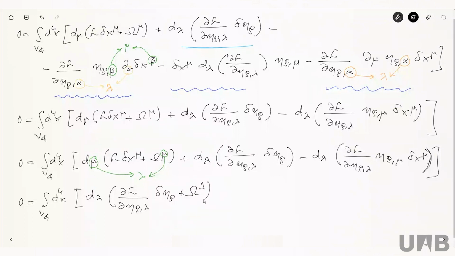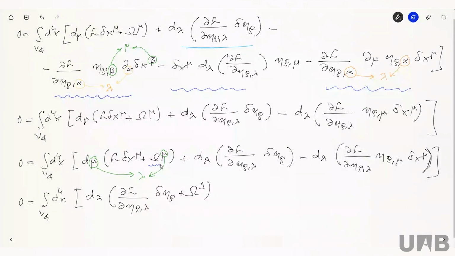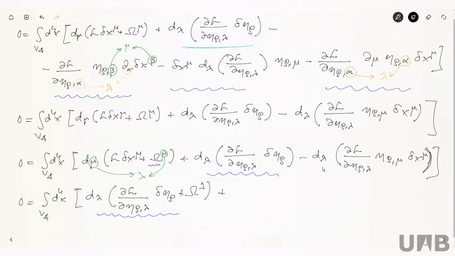So what I'm doing is grouping together this guy with this guy into this guy, right? This is what I'm doing so far. Okay, plus, and then I have the derivative lambda of the rest. Who is the rest? The rest is delta lambda mu.